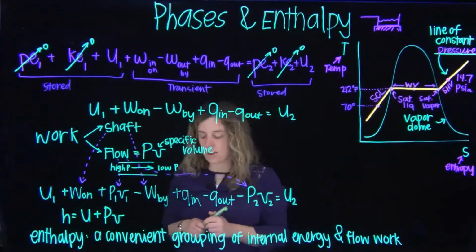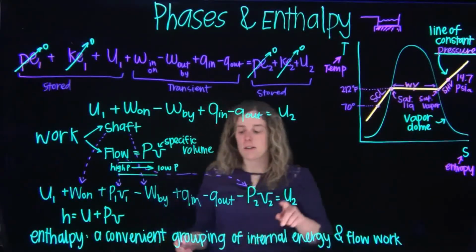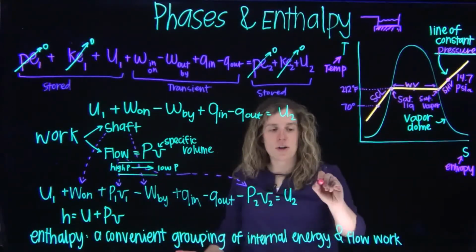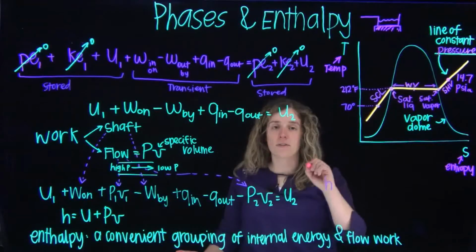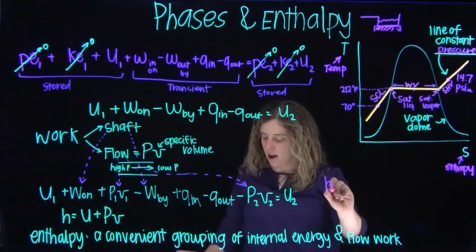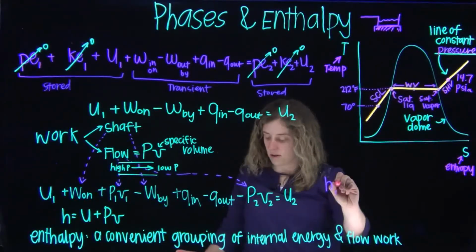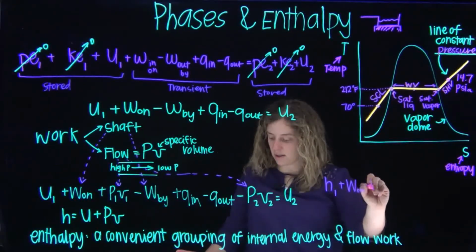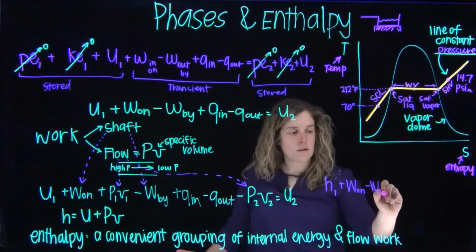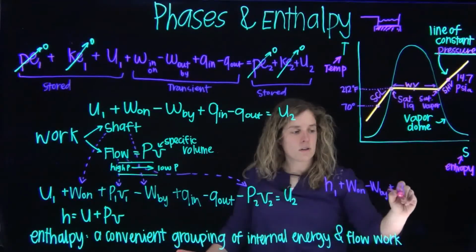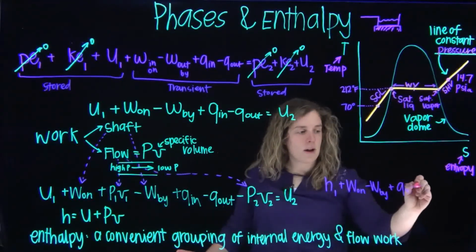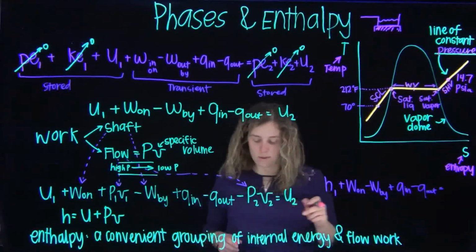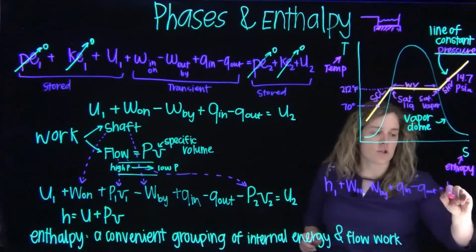If we put that back into this equation up above, we end up with an equation coming straight from the first law of thermodynamics: H1 plus work on minus work by plus Q in minus Q out is equal to H2.